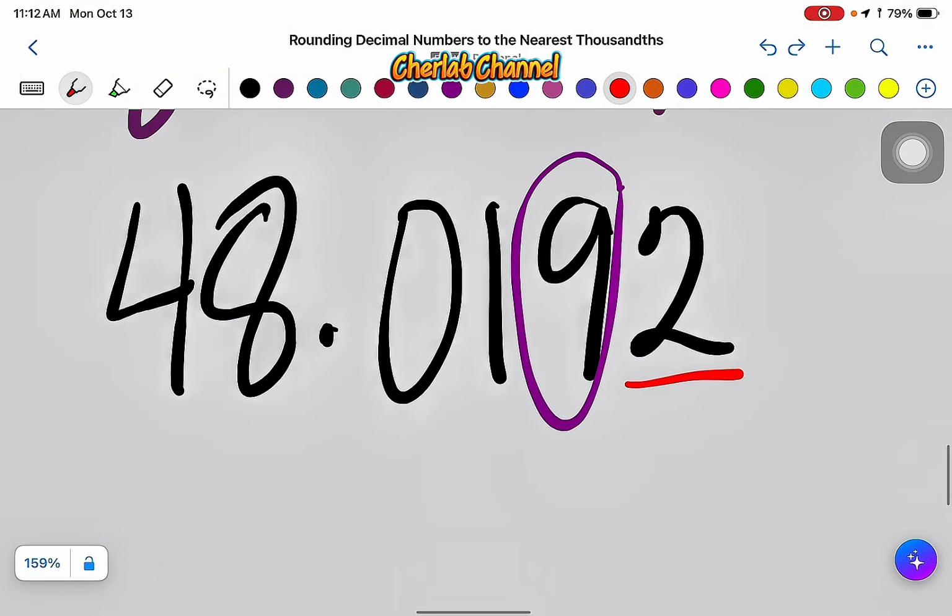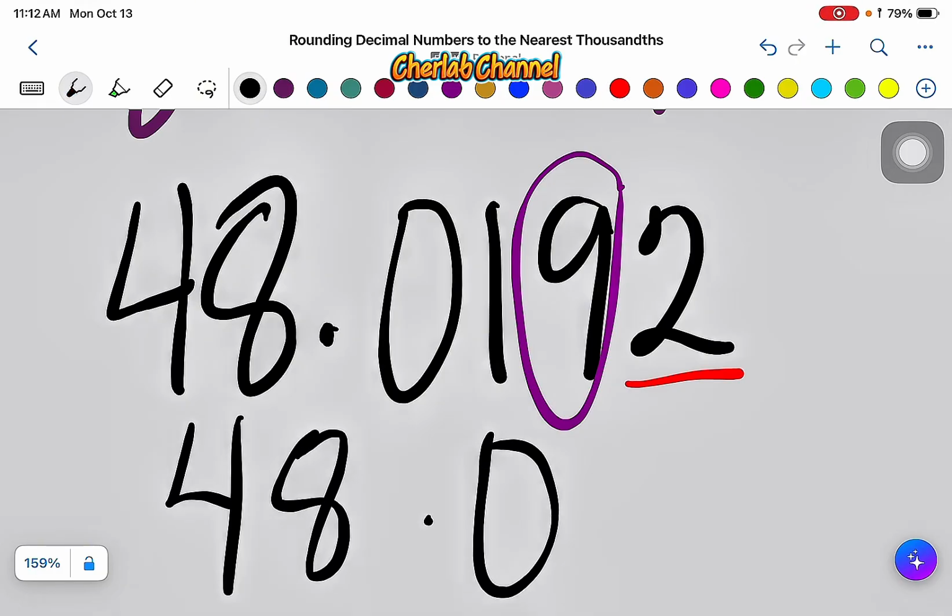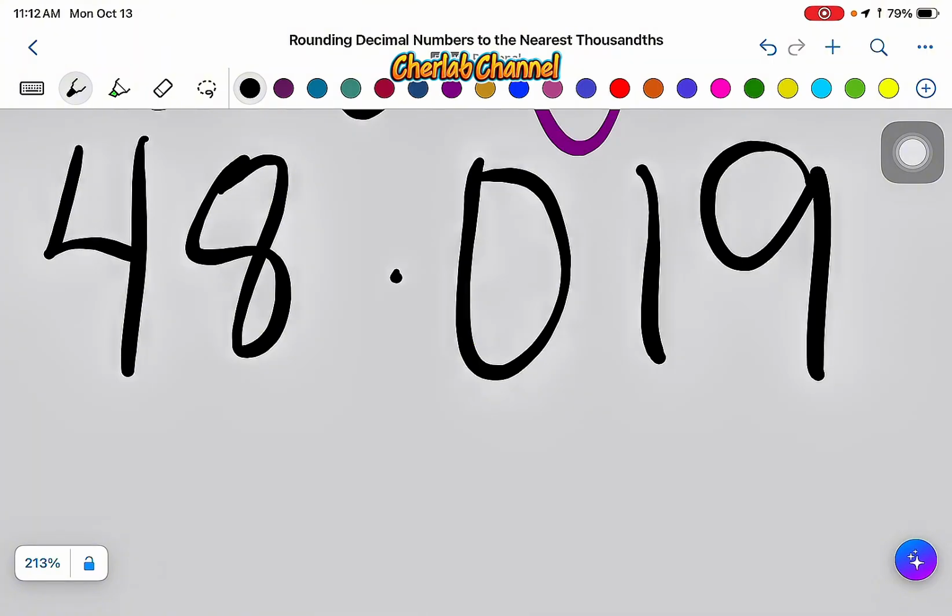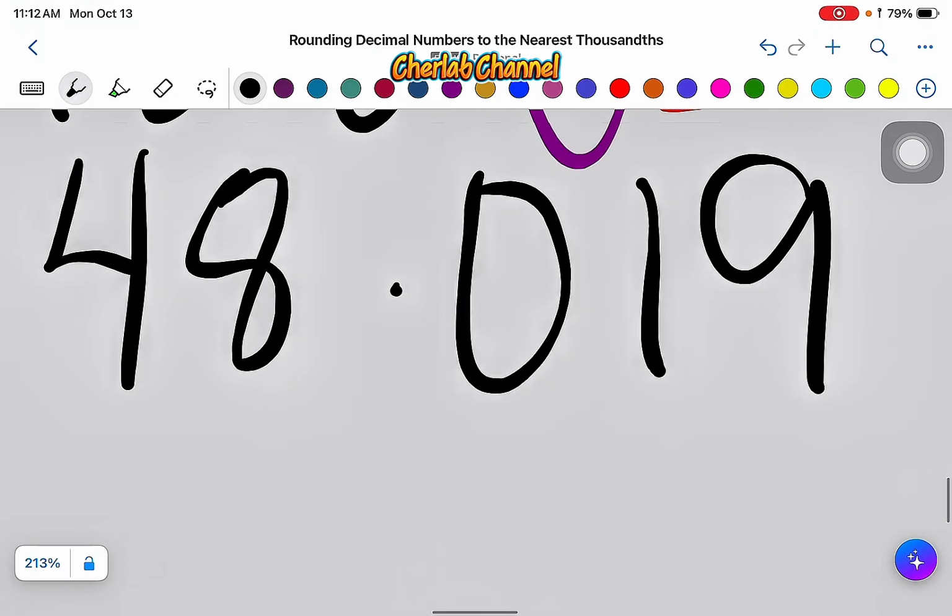According to the rule, if 5 pataas, we will add 1. 4 pababa as is. Okay, since 2 is a low number, that means the number would remain as is. 48 and 19 thousandths. Okay, walang nangyari, walang nagalaw, walang nagbago since yung kanyang katabi ay mababang number.